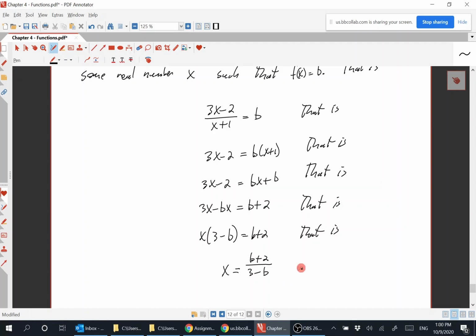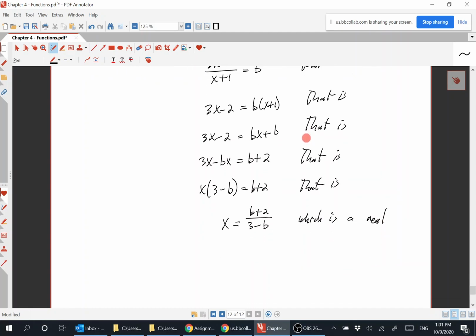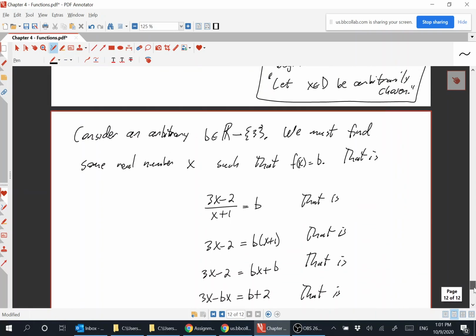Which is a real number of the domain because b is not equal to 3. The range was the real numbers except for 3.